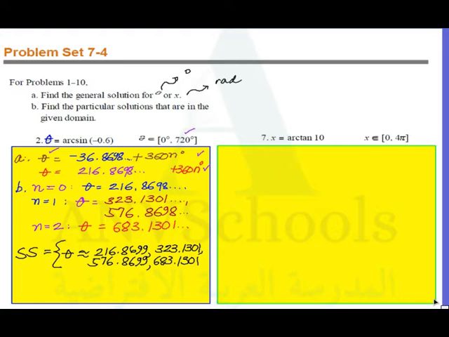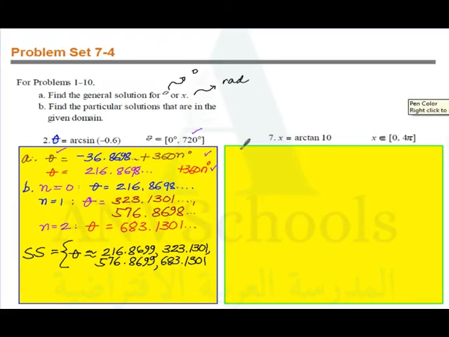The general solution for arctan would be the arctan of A plus pi n, because this is x. So x would be equal to arctan of 10 plus pi n.